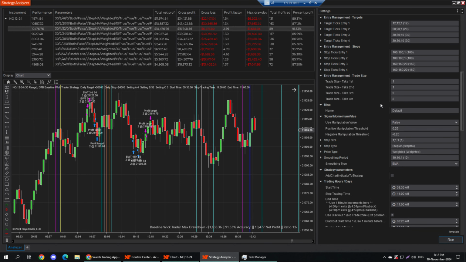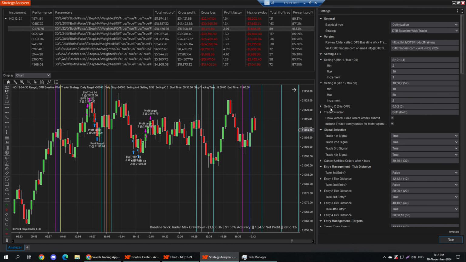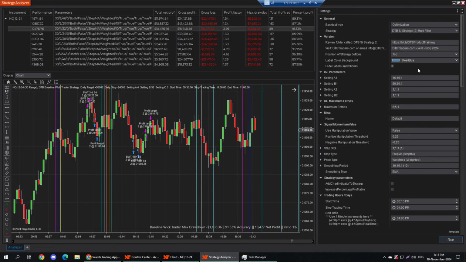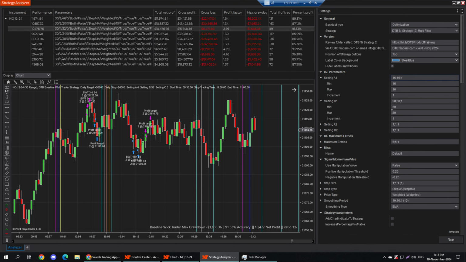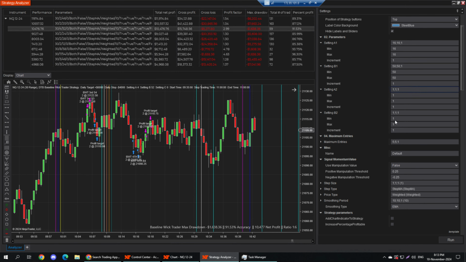Like I mentioned earlier, setting C is basically the B setting of the second indicator, which always defaults to 2 for that indicator. We do have another strategy. If I look at the SI multi-filter, you'll see it has settings A and B for the first indicator, and also settings A and B for the second indicator.